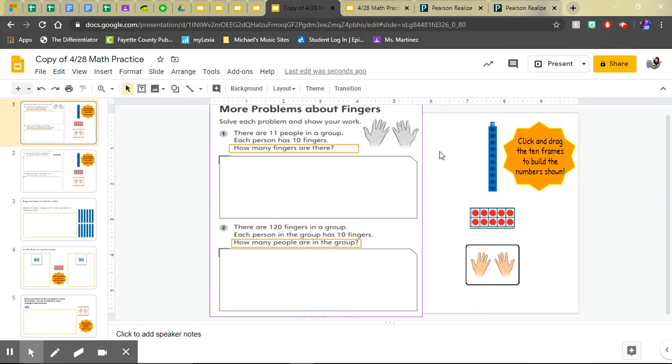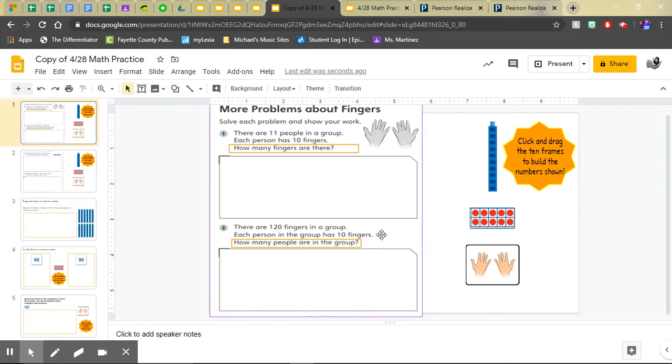So let's read that first one again. There are 11 people in a group. Each person has 10 fingers. The question you're trying to answer is how many fingers are there? Use these materials to help you solve that problem.